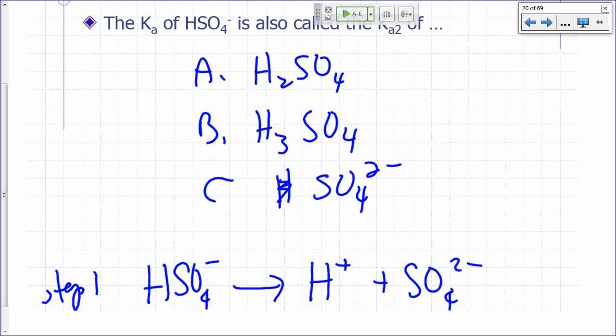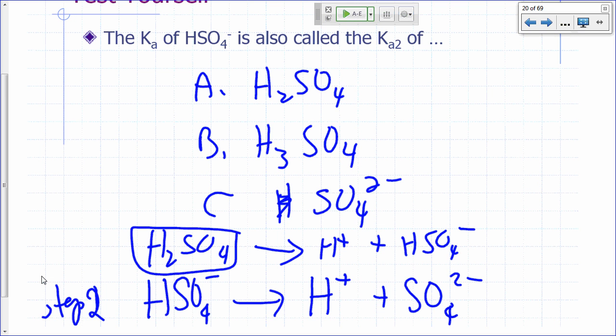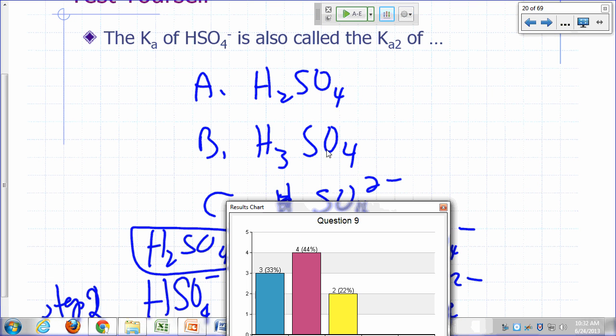What was step 1? Step 1 forms this, right? HSO4 minus plus H+, coming from what? H2SO4. So the Ka of HSO4 minus is the Ka2 or the K2 of H2SO4. So the answer is A.